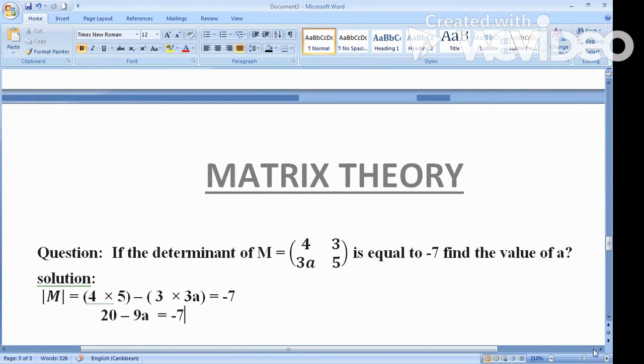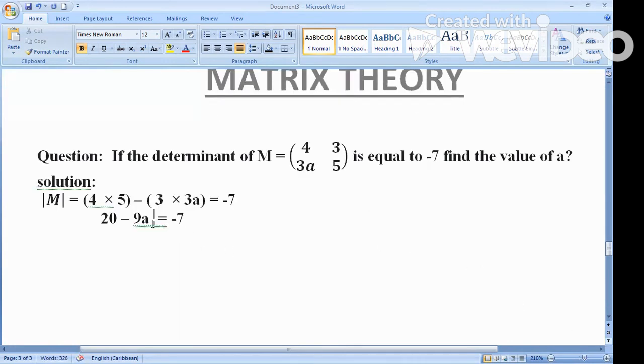What do we do here now? We're going to find a. So we're going to get rid of the 20. To get rid of 20, what do we do? We just subtract 20, not true? And if I subtract 20 on the left, I have to do it on the what? The right.